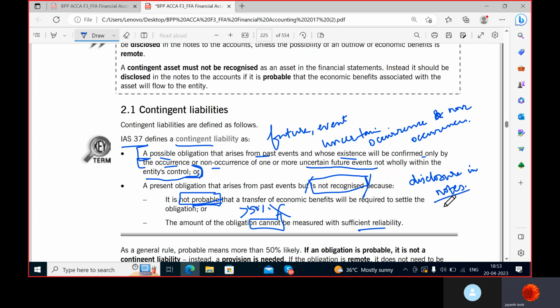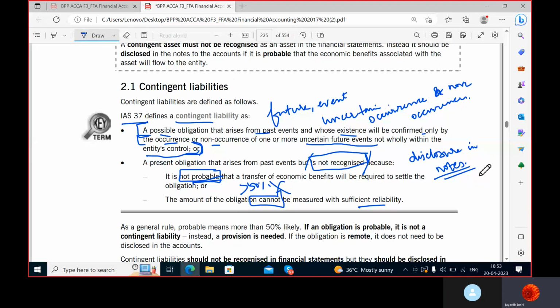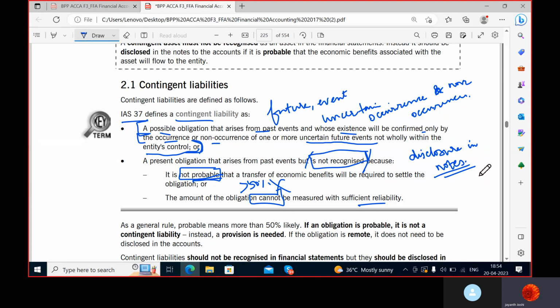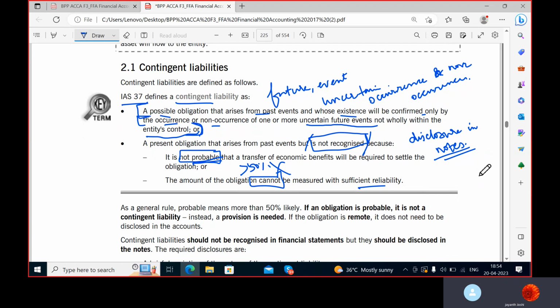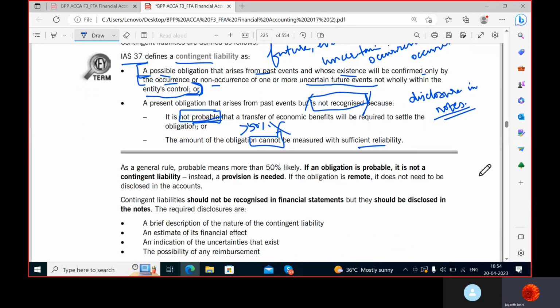But the entity has to give disclosure for this, and disclosure is given in the notes. Previously we have seen that probable means more than 50% chances that it is going to happen, but the same is not in contingent liability. Now I'll give you one example also. In the book, a contingent liability example is not given.